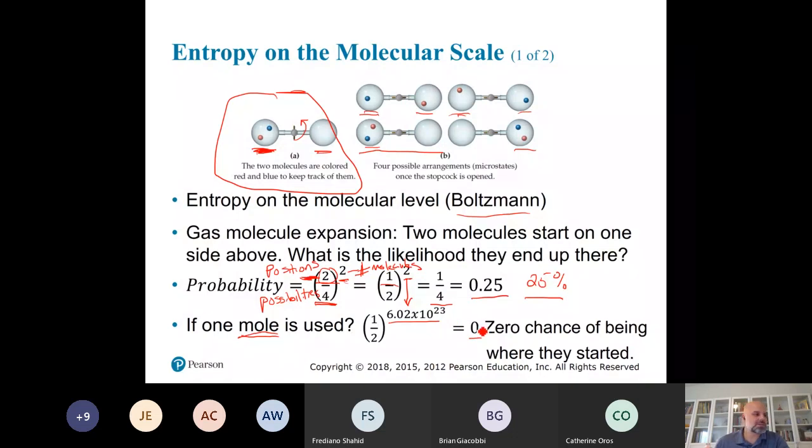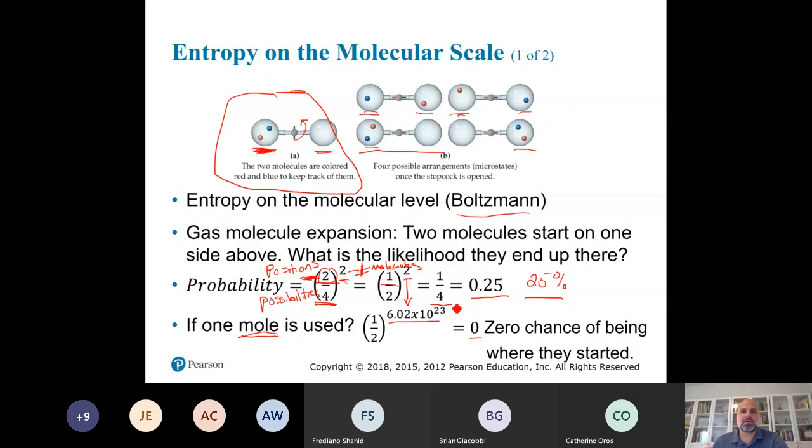It's a 0 chance that they're going to be where they started. It's infinitesimally small, which makes sense, right? If you take a half and multiply it by a half, it's a quarter. You take a quarter, multiply that by another half again, then you're at an 1/8, then a 16th, then a 32nd, 64th, and you keep working your way down, 6.02 times 10 to the 23rd times, and you're going to be infinitesimally small.